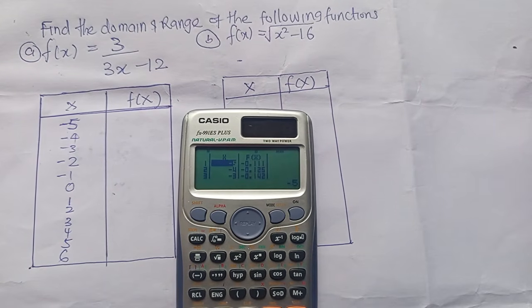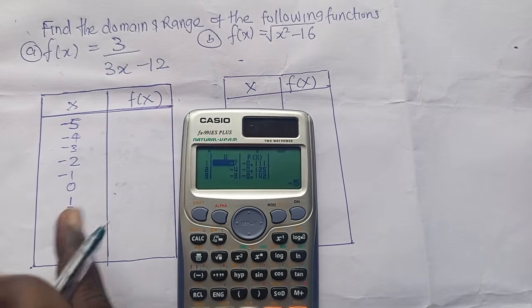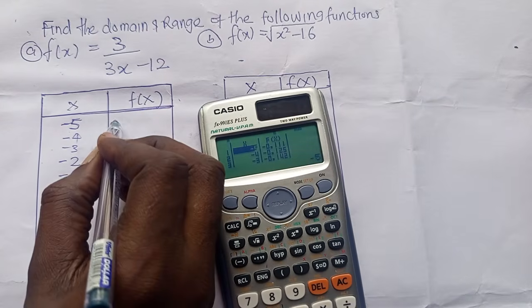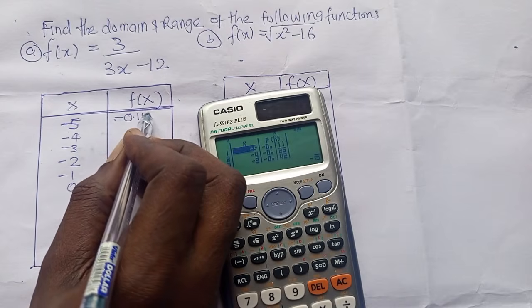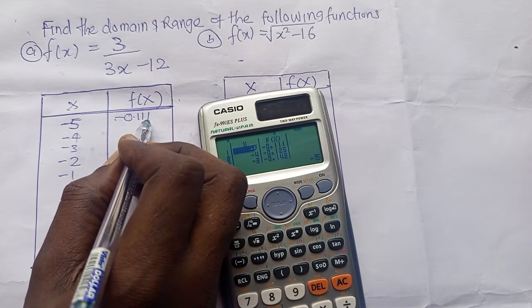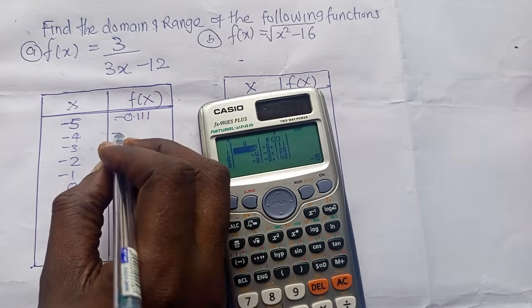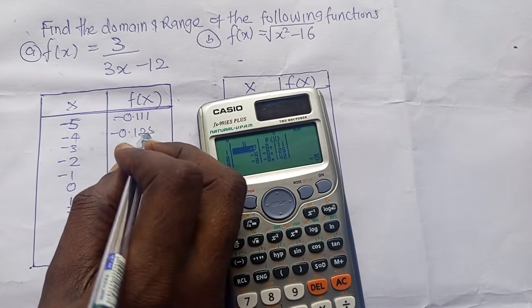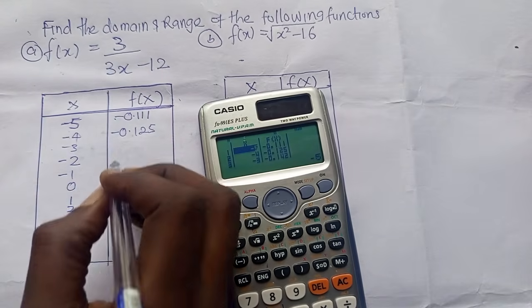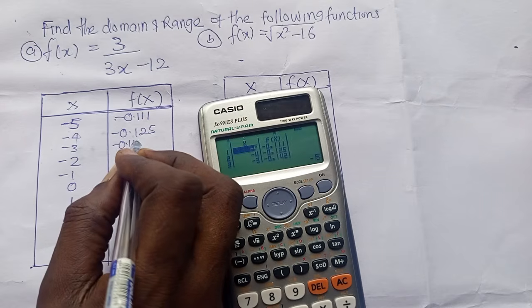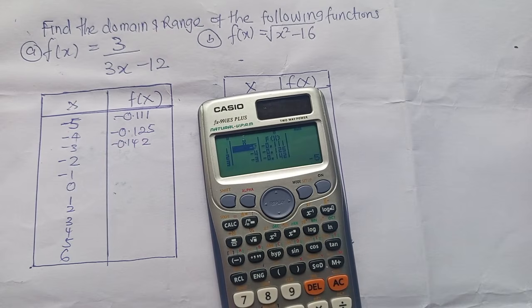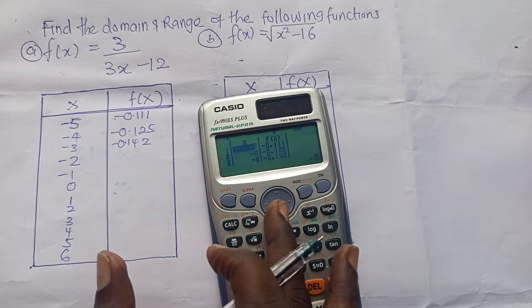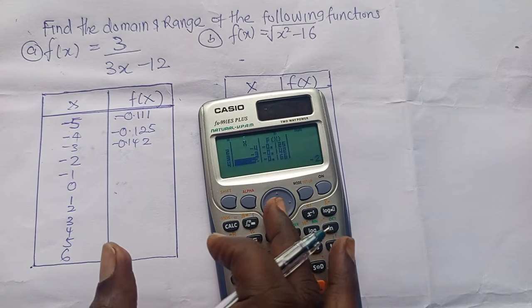Now we have our values already. The first value, for minus 5, is minus 0.111. The second value is minus 0.125. The third value is minus 0.142. Let's scroll down, you can use this button to scroll down.